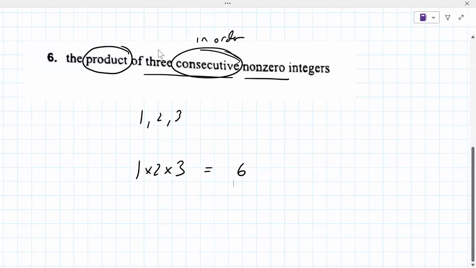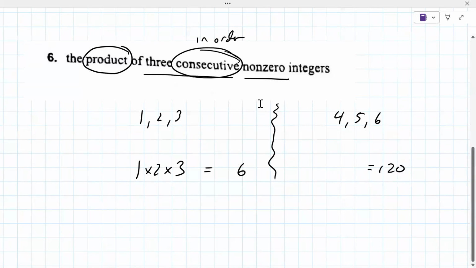Now I want you to pick 3 other consecutive integers. It doesn't matter what they are, and do the same thing. 4, 5, 6. What is the product of 4, 5, and 6? It is 120. Okay.